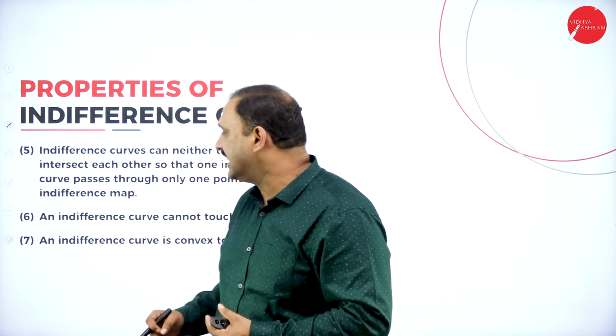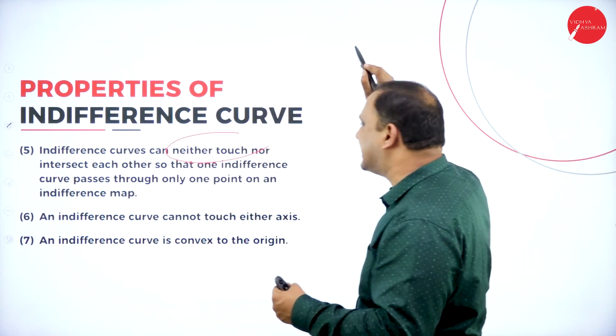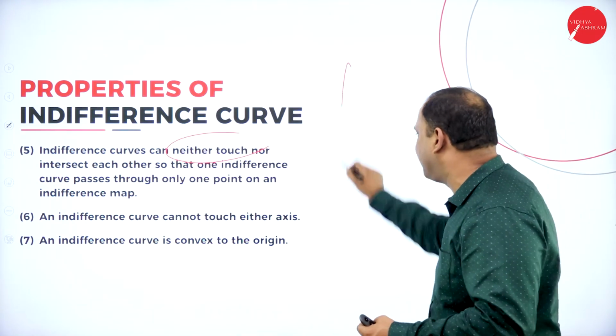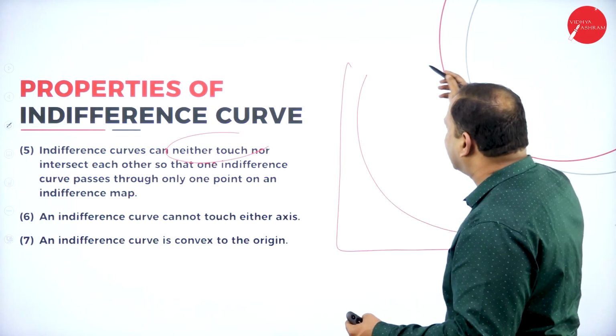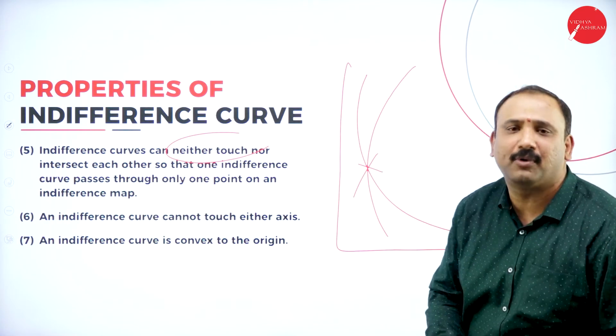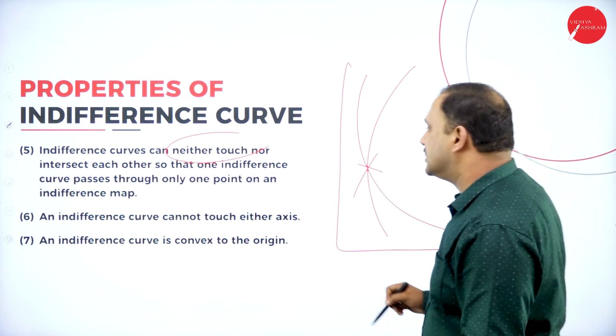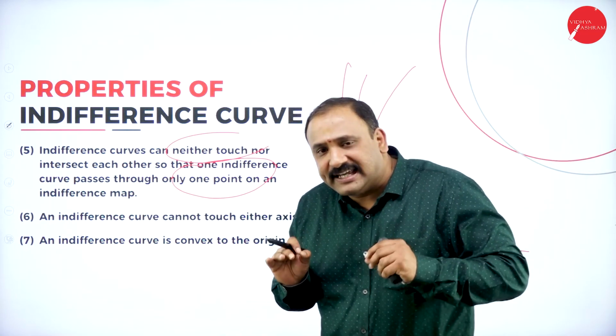Now, the next thing is that indifference curves can neither touch nor intersect each other. This is a very, very important factor. Let me just draw it here. I mean to say it will never touch. At the same time, they cannot intersect like this. This intersection is not possible. Why? Because the curve passes through only one point on the indifference map. Now, everything is unique.